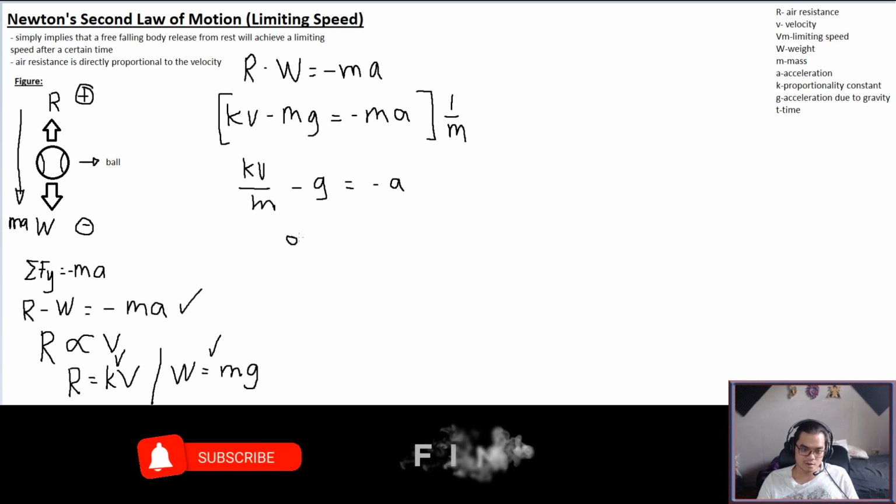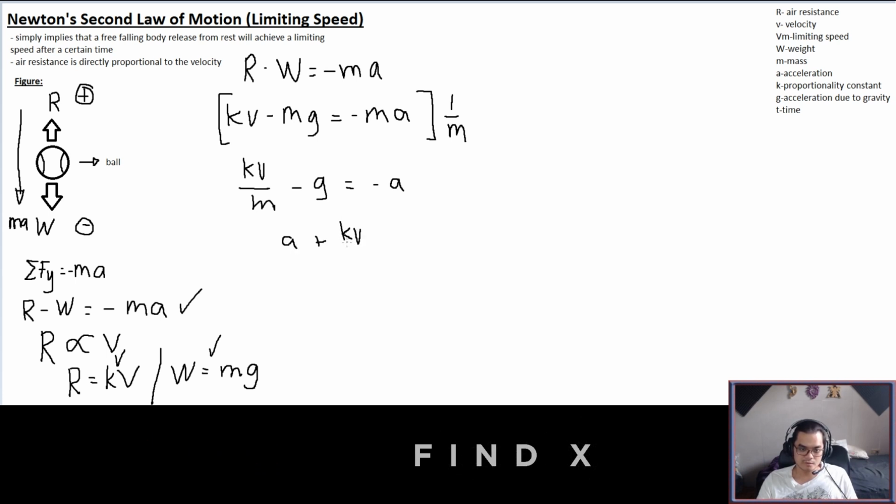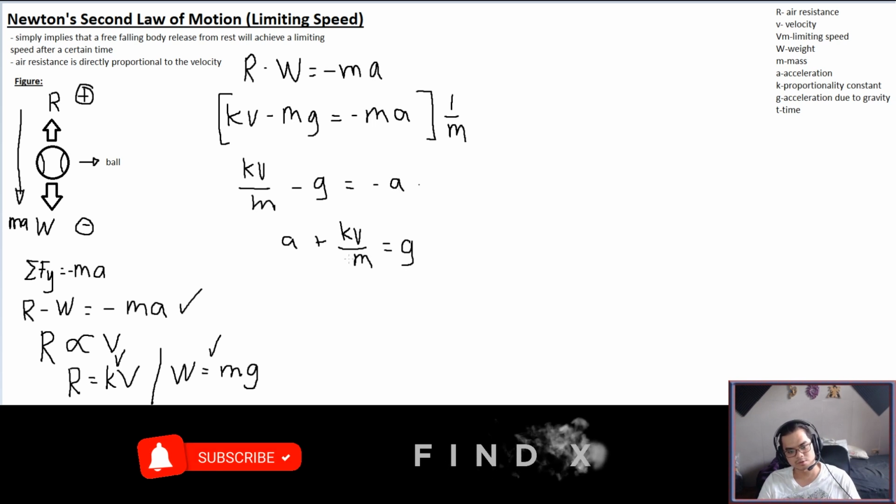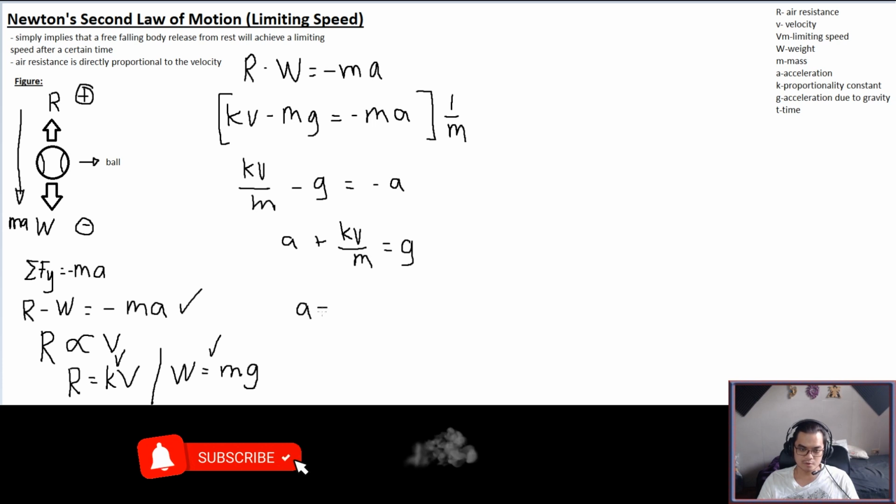So a now will become a plus kv over m equal to g. So a plus kv over m must be equal to g. But remember, during your differential calculus, the acceleration a is equal to what?